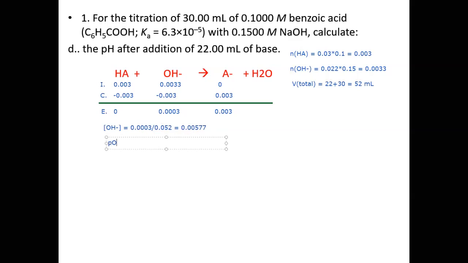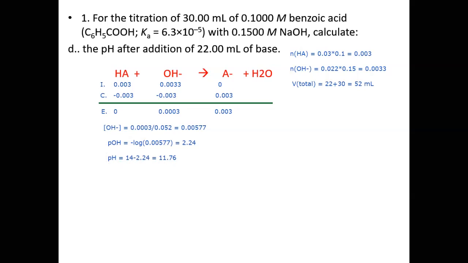Now we can find the pOH. 2.24, and then we can find the pH. 11.76.